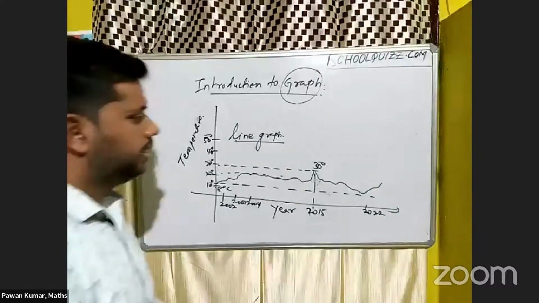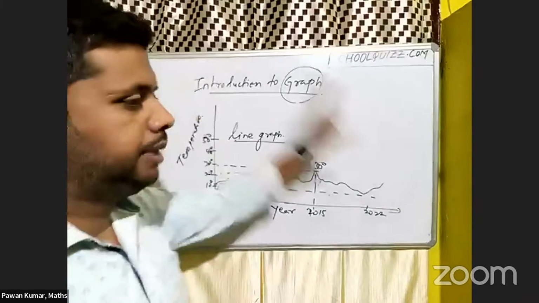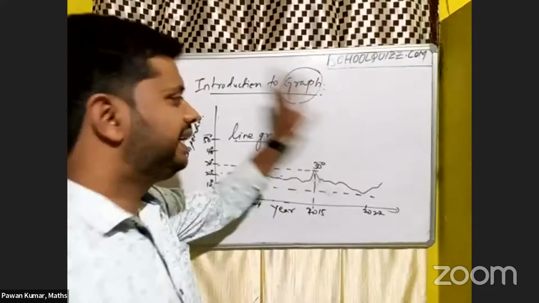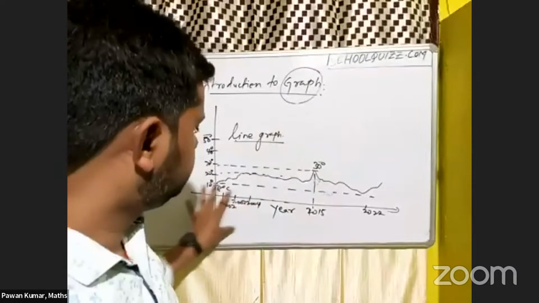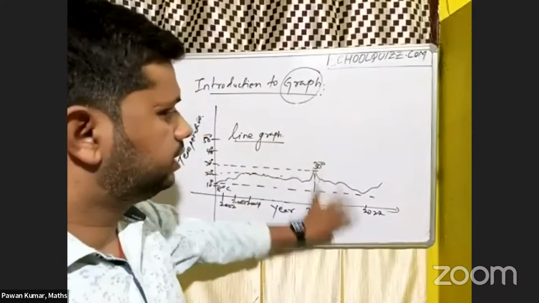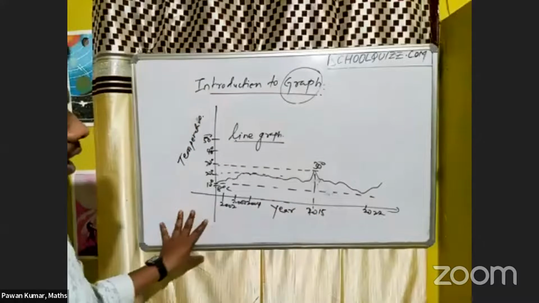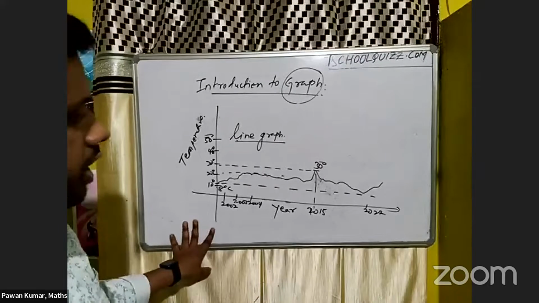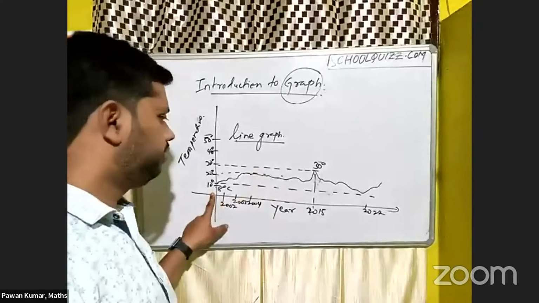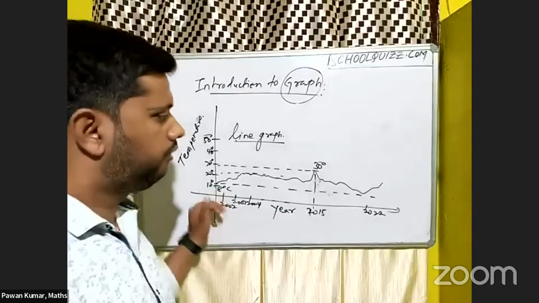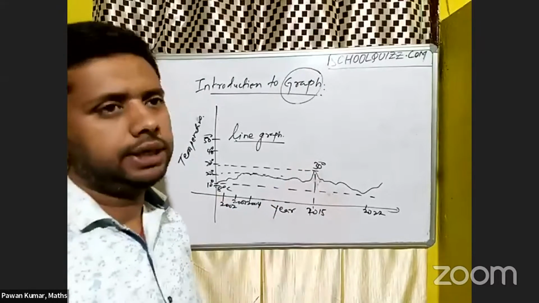So by seeing these figures only I can analyze. If it is the lowest temperature, it will be around 8 degrees Celsius. If it is the maximum, it will go around 30 degrees Celsius.